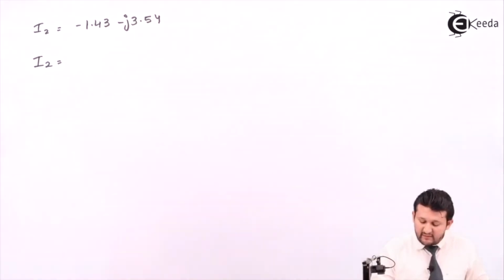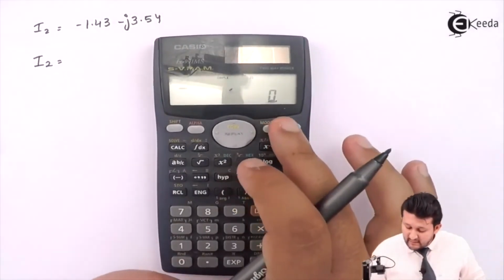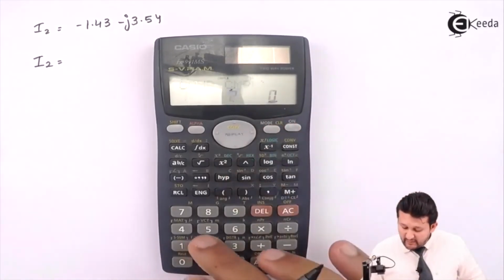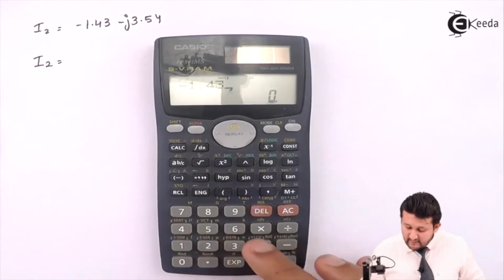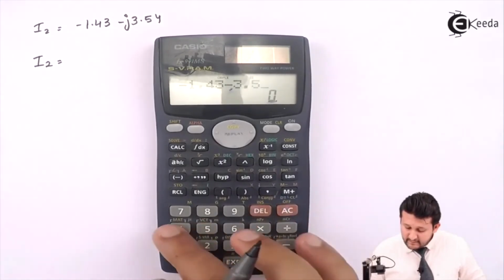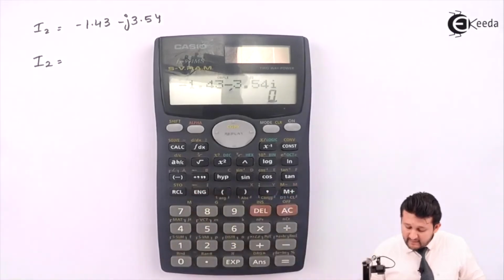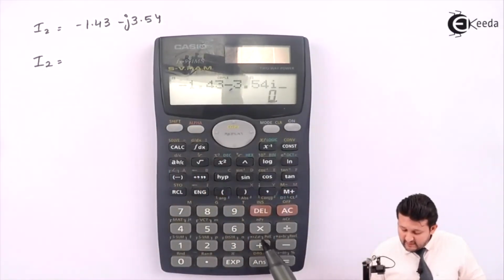This is in rectangular form. If you want to convert into polar form, the conversion is in this format. So your calculation should be in complex mode, right? So the value is minus 1.43 minus 3.54 I. If you need to convert to polar, you have to press shift and plus. If you can see above the plus, you have a POL sign, polar sign, shift and plus.